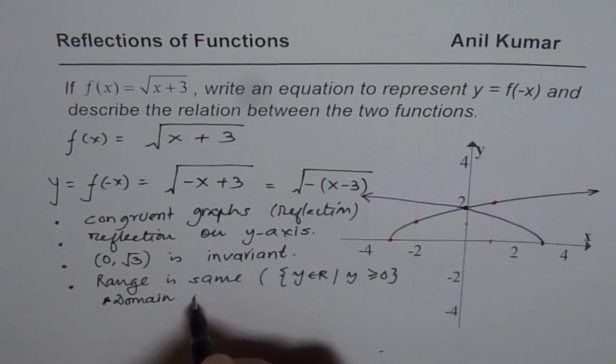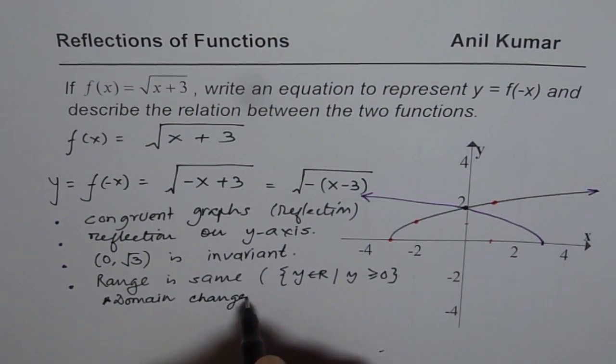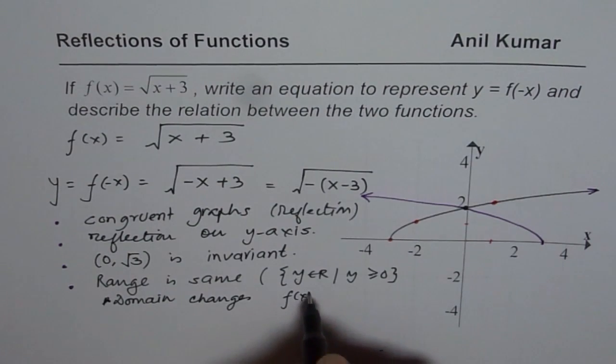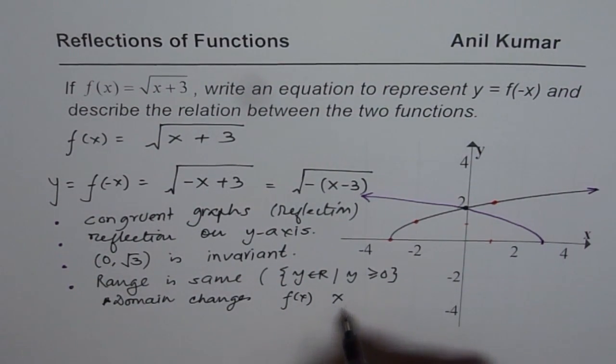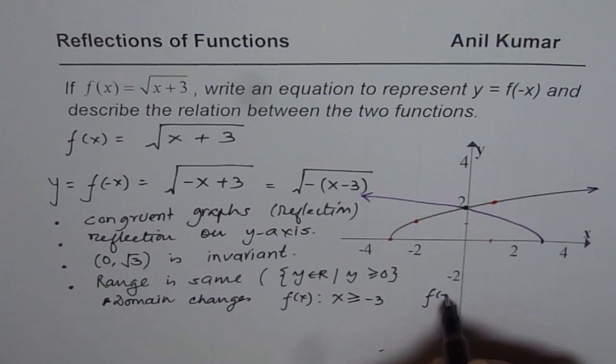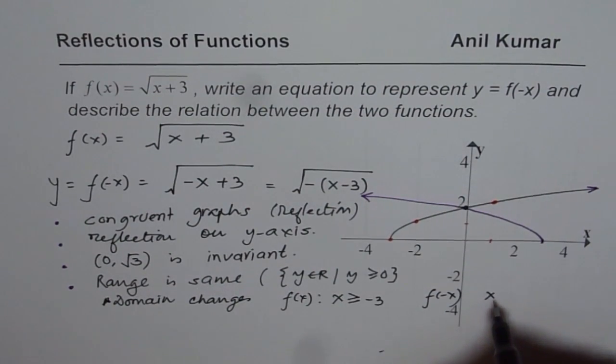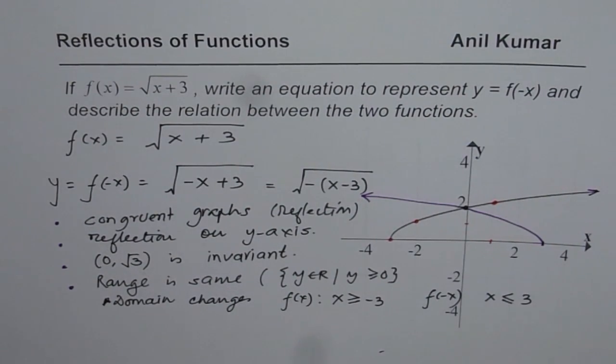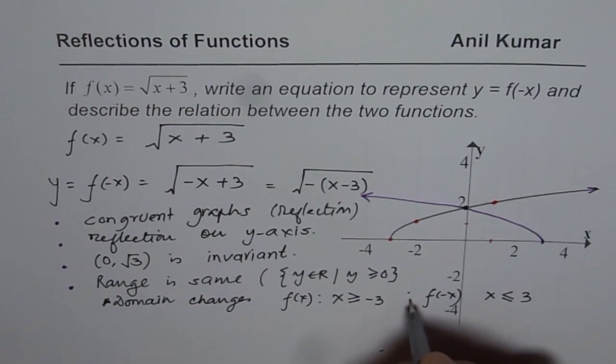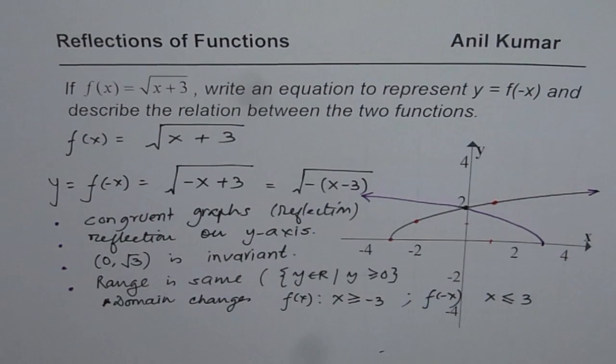Domain changes. So for f(x), the domain is x is greater than or equal to minus 3. For f(minus x), the domain is x is less than or equal to 3. You see? So that is a major change which you observe in this particular graph.